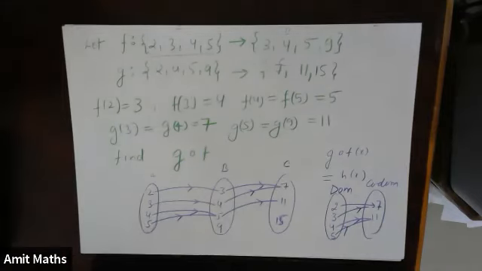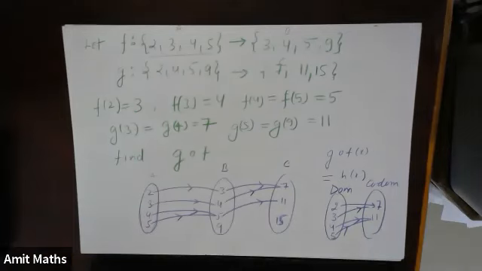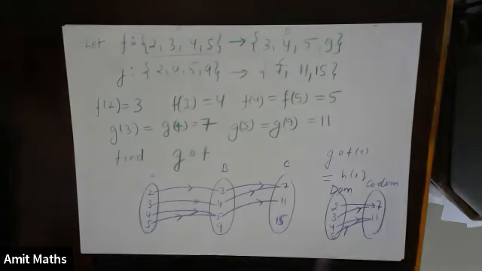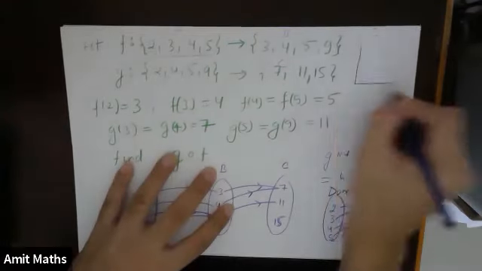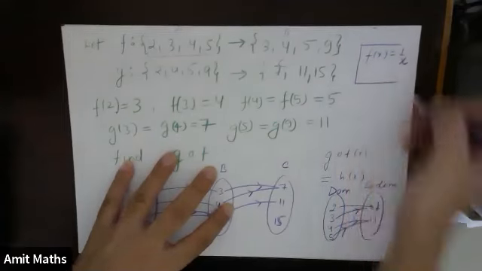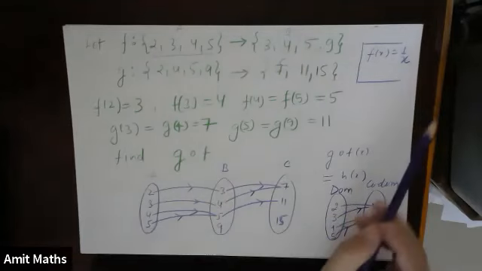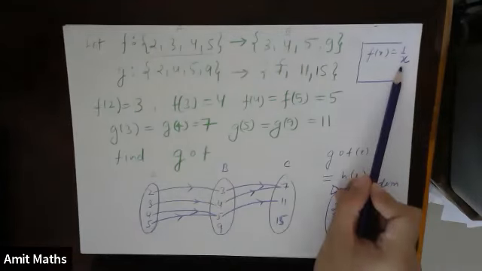What we are doing is finding for which values of input it will become a function. For example, suppose f of x is equal to 1 upon x. Now we know x cannot take the value 0.